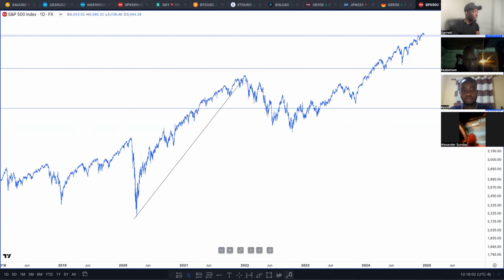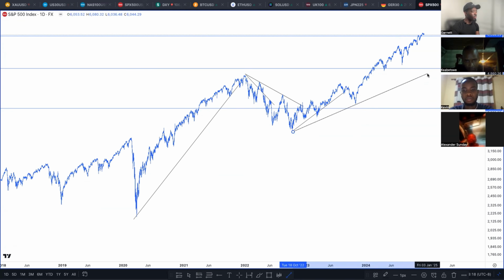So when you get a violation of this trend line on the daily, they start looking at something like this. So they might put a trend line here. They might put a trend line here. And you might see a trend line here, here, and here, like this.